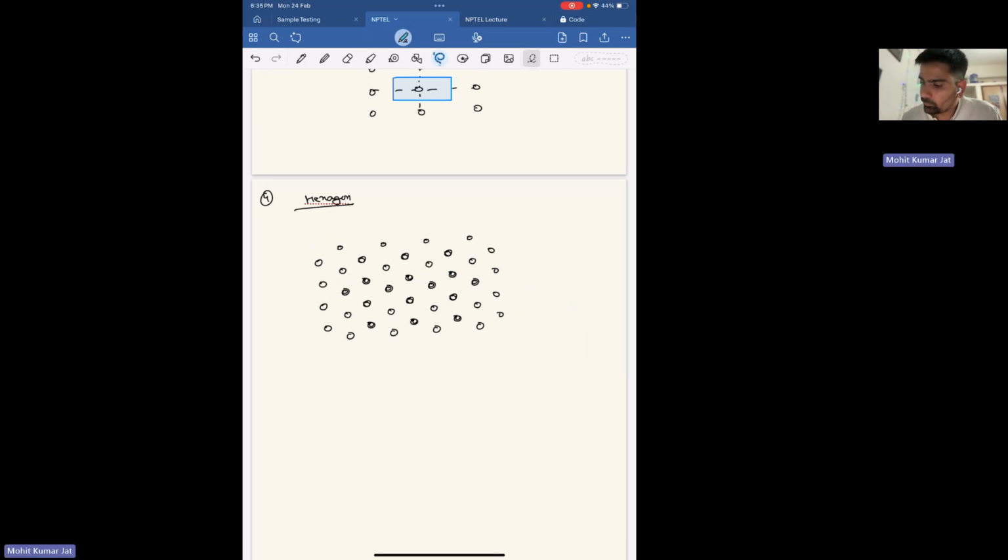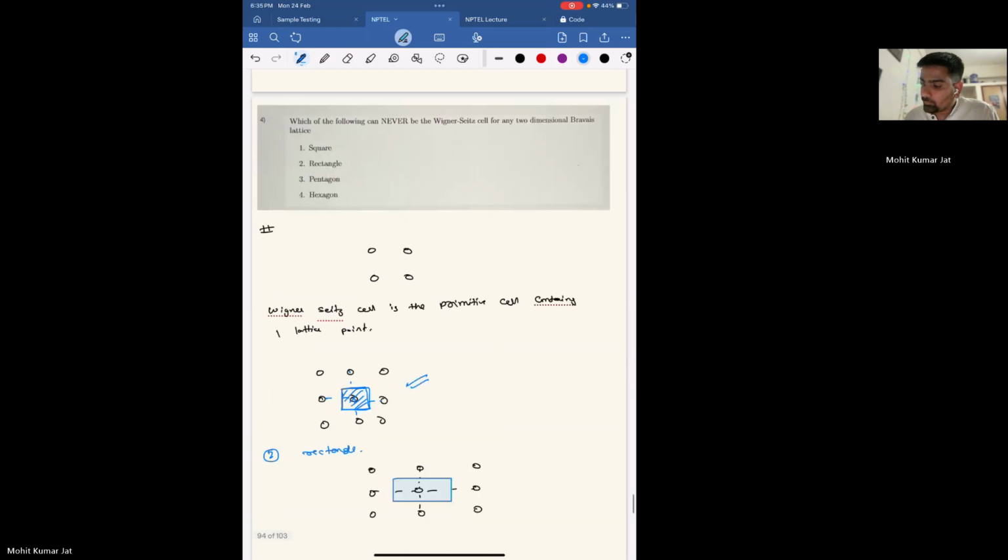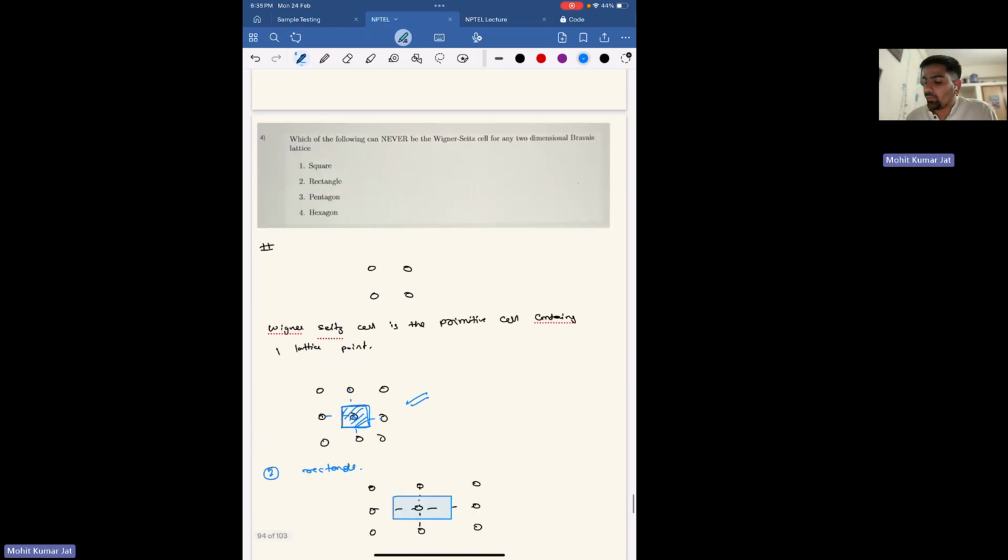How do you do it? The nearest neighbor distance of every atom is a, so you just connect it, and then you bisect it, this and this. So this is the Wigner-Seitz cell for the hexagonal lattice.